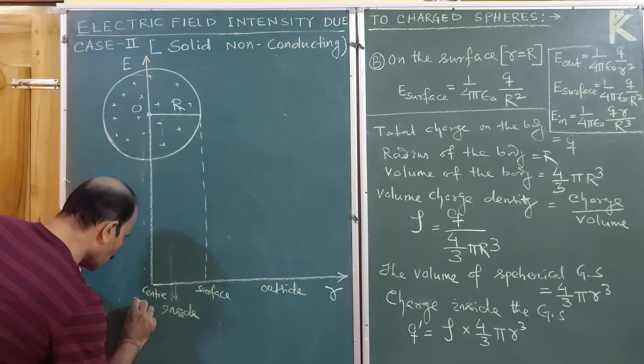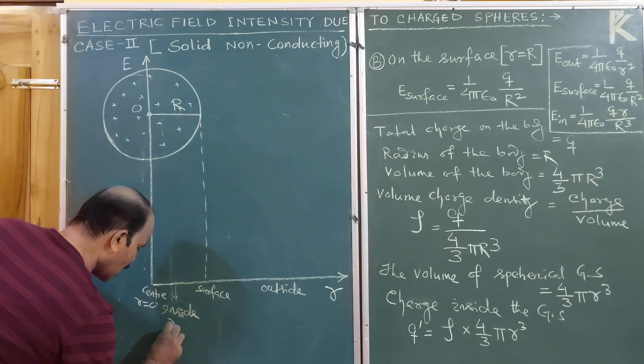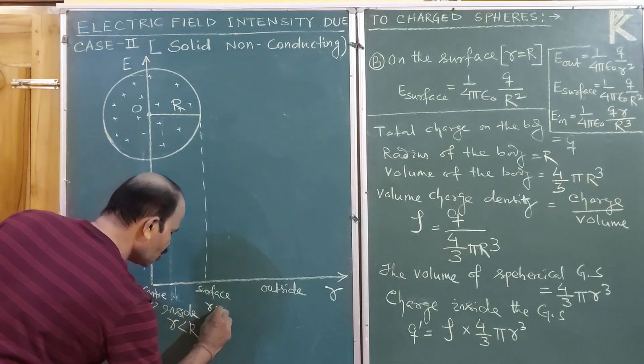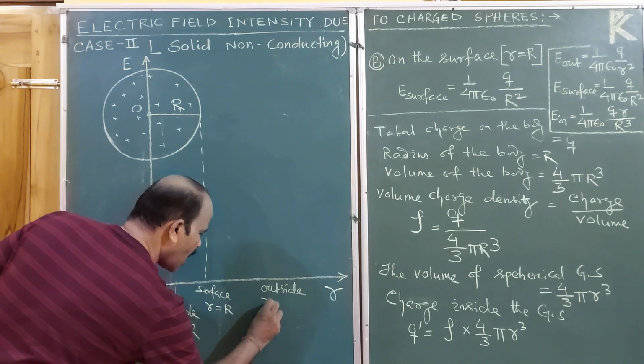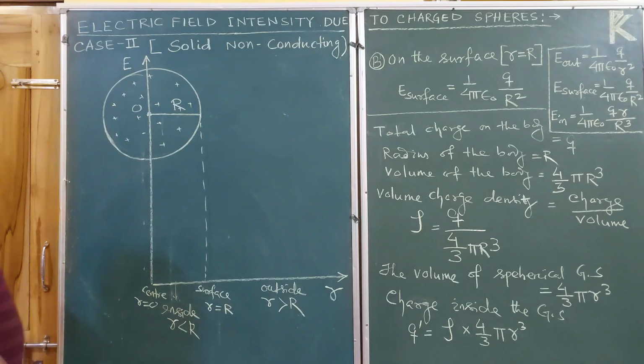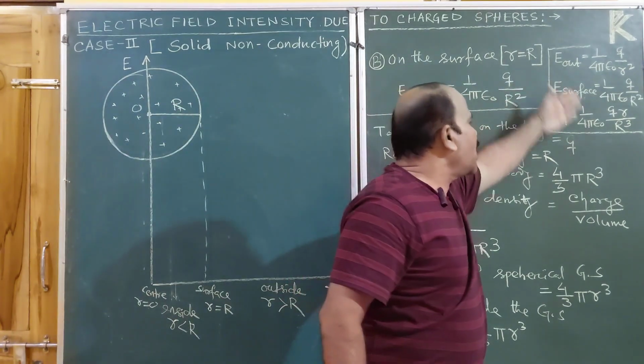So here r is equal to 0, here r less than R, here r is equal to R, and here r greater than R. So these are the situations, and the expressions are over here.